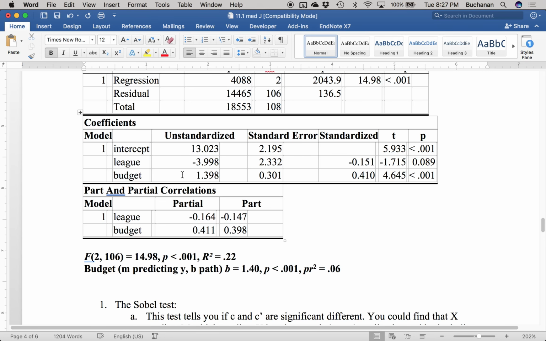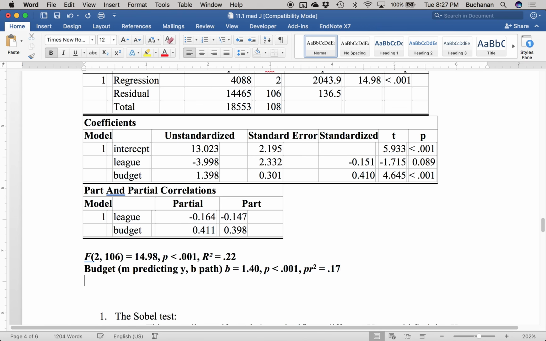It's 0.17. So yes, our mediator predicts Y. That was the third criterion. So the C path is significant, X predicts Y. The A path is significant, X predicts M. The B path is significant, M predicts Y.